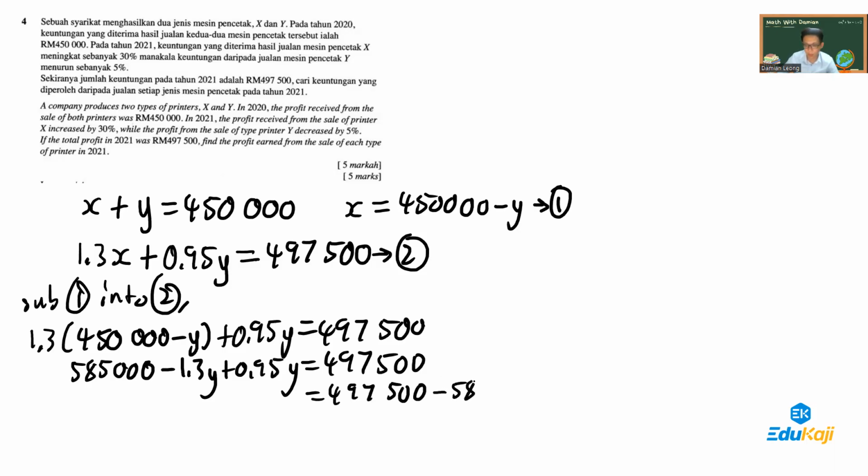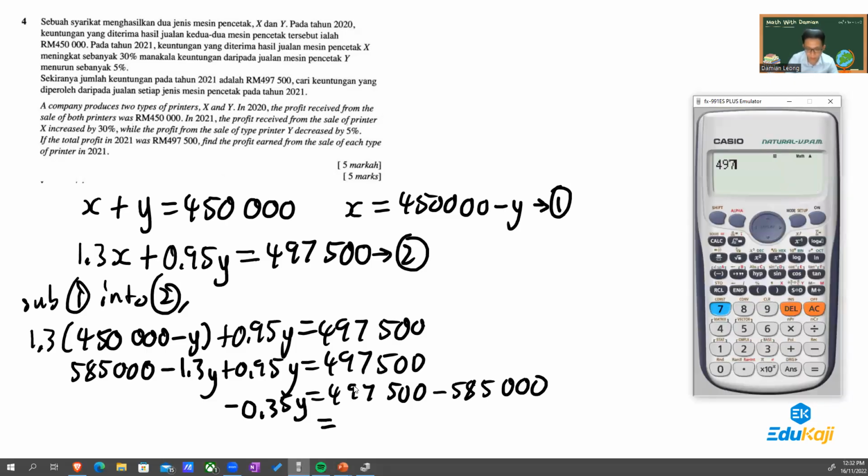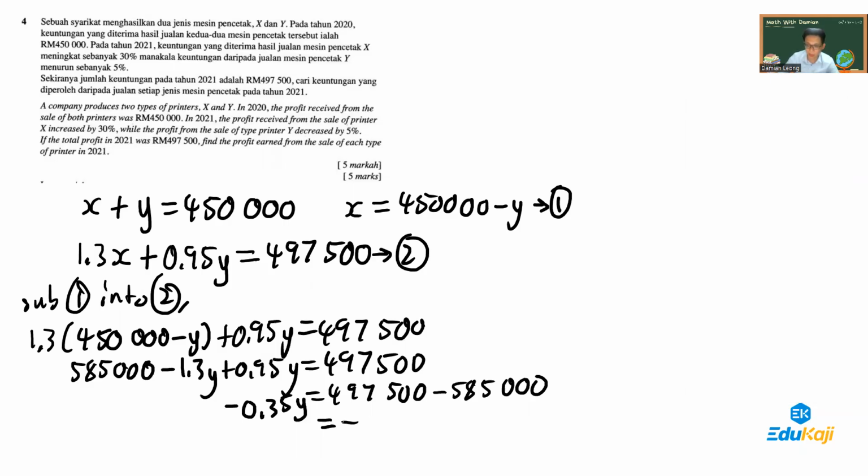So positive become minus. This one, negative 1.3 plus 0.95 will be negative 0.35. Yeah. So it's on 497,500 minus 585,000, negative 87,500. Then bring over this, times opposite divide, negative 0.35.